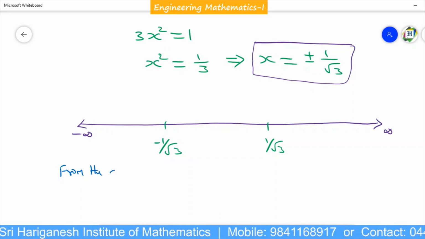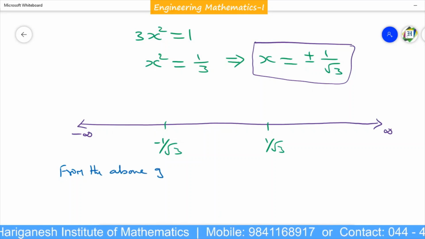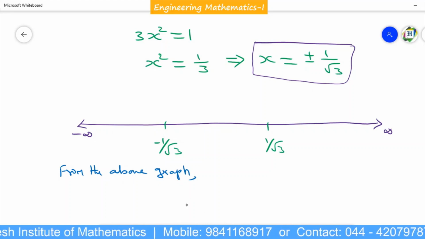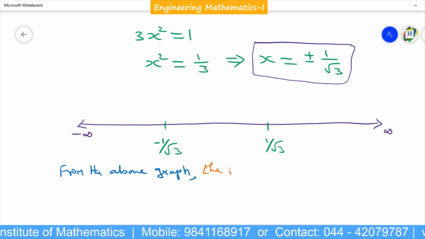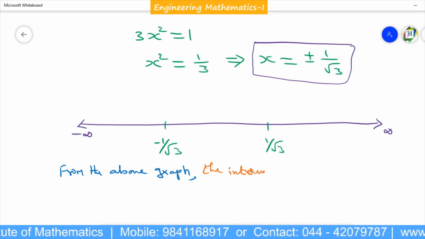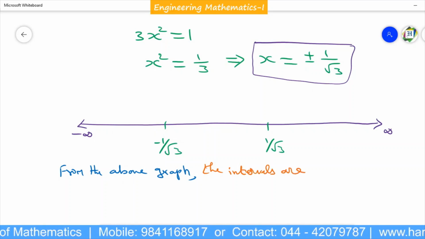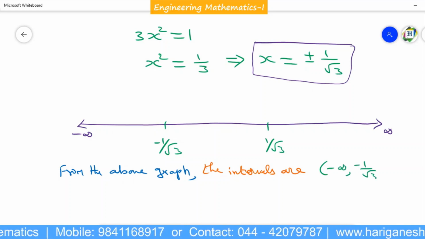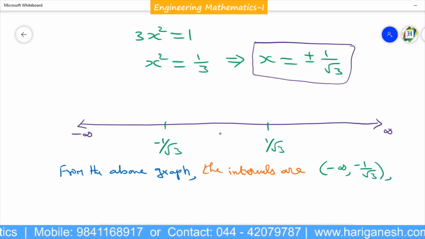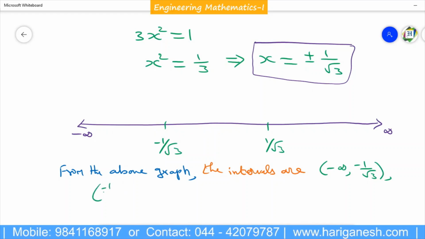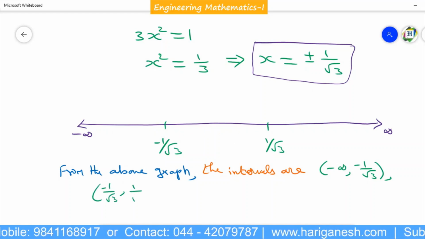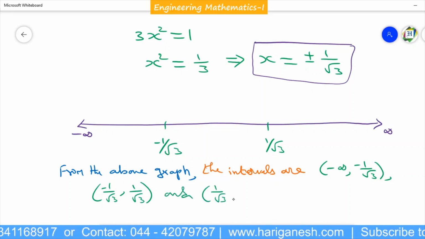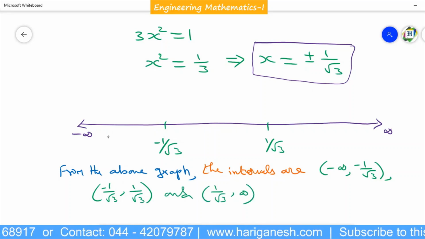From the above graph, the intervals are minus infinity to minus 1 by root 3, minus 1 by root 3 to plus 1 by root 3, and plus 1 by root 3 to infinity. So these are all the intervals.